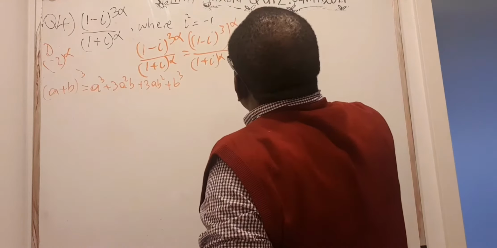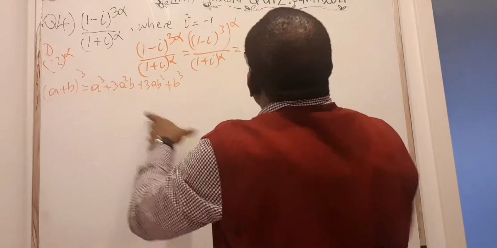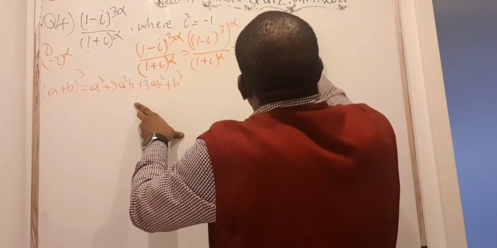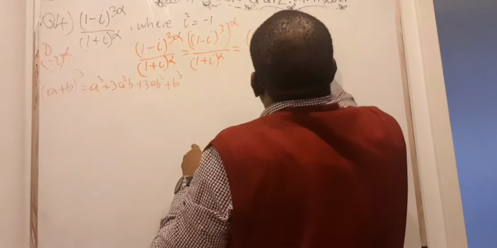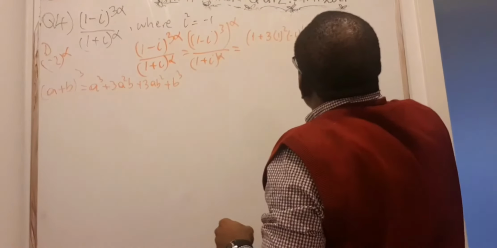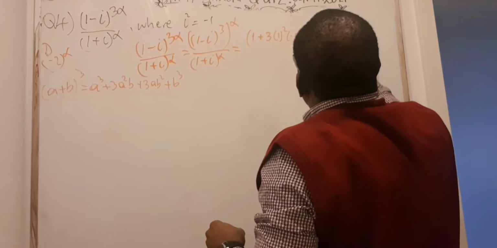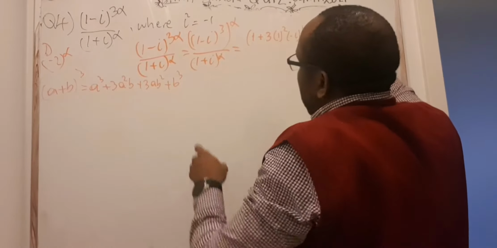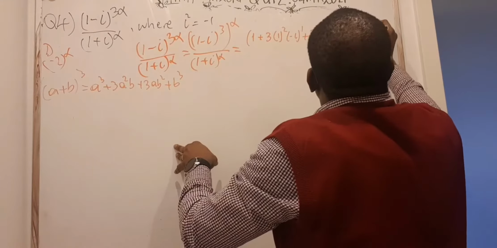So this will be 1 to the power 3 plus 3 times 1 to the power 2 times minus i to the power 1 plus 3 times 1 to the power 1 times minus i to the power 2 plus the last one, minus i to the power 3.